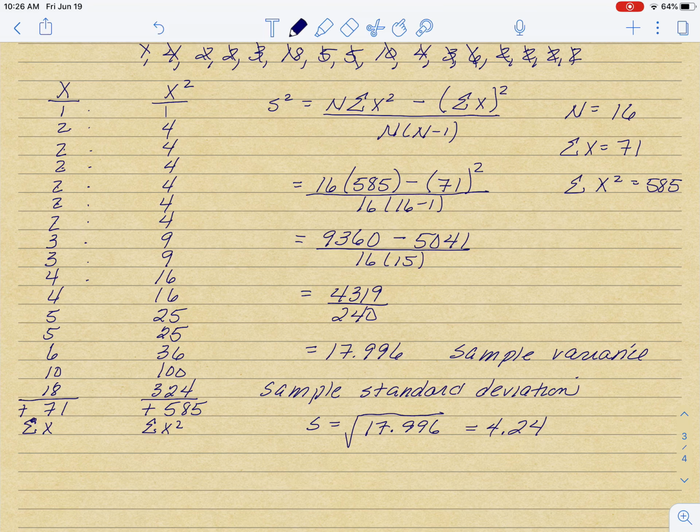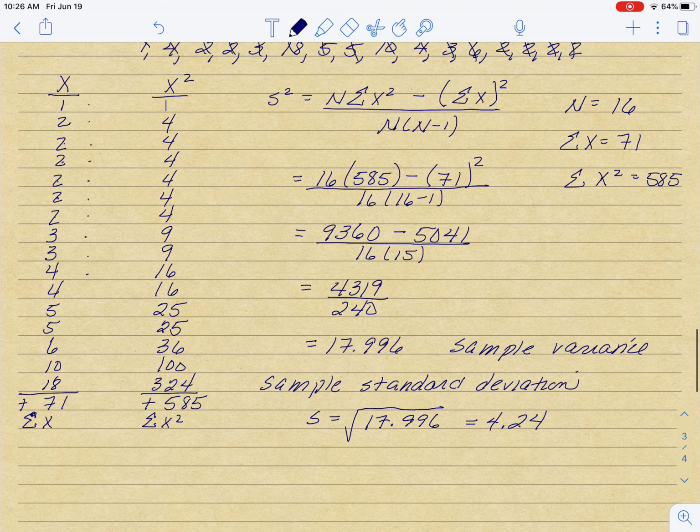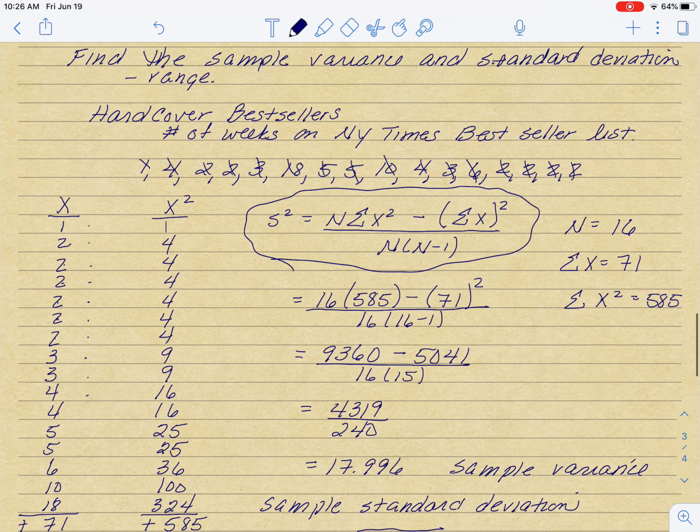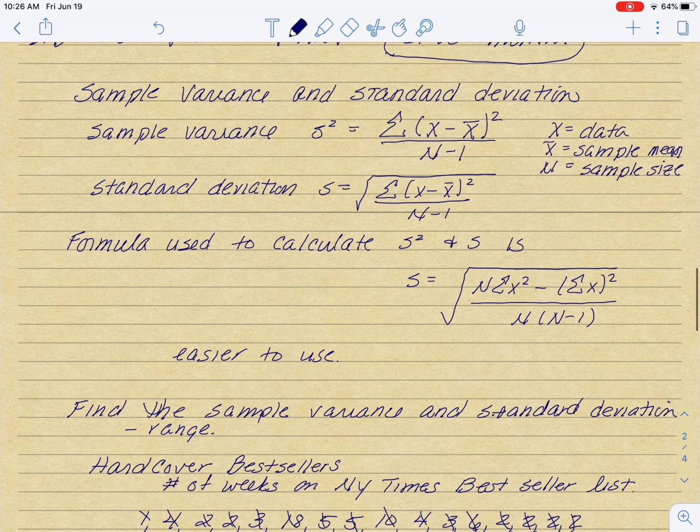Okay, so to do this with these populations or these samples, you have to create these tables of values. And notice we didn't really have that much to create with this formula that we're using right here. There wasn't that much data we had to create to do this. If I tried to use the first formula, the first thing I'd have to do is find the average, then find the difference between the data points and the average.